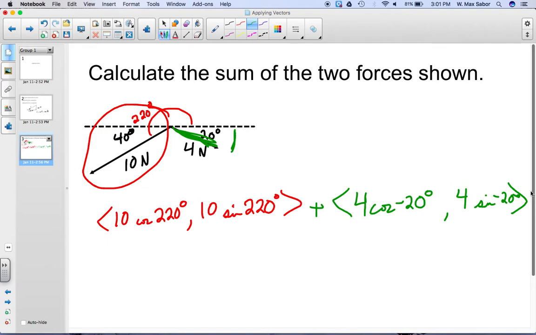Now it's a matter of calculating those. So cosine of 220 times 10 gives me approximately negative 7.66. Sine of 220 times 10 gives me approximately negative 6.43.